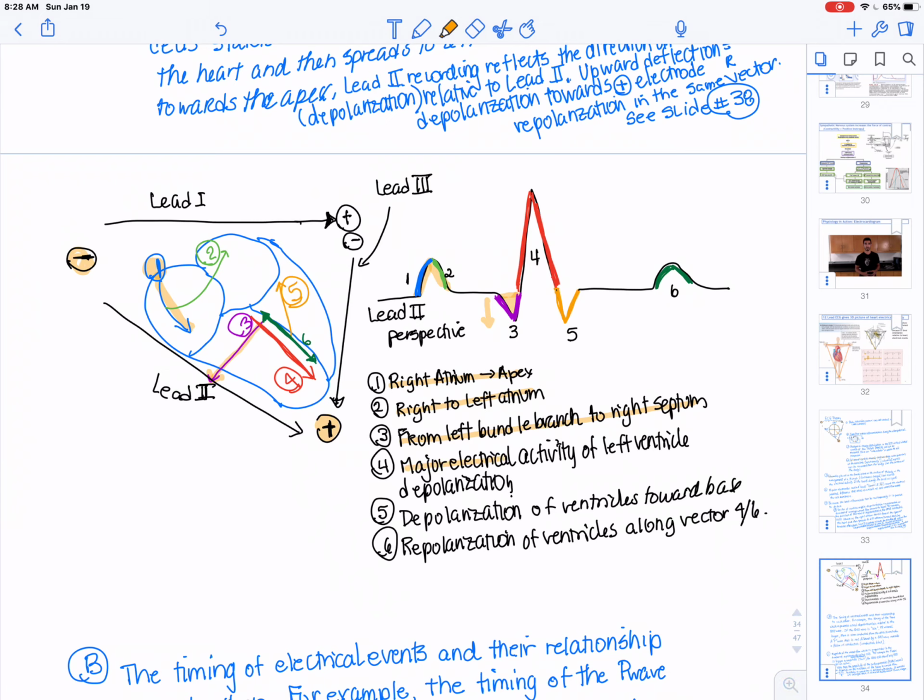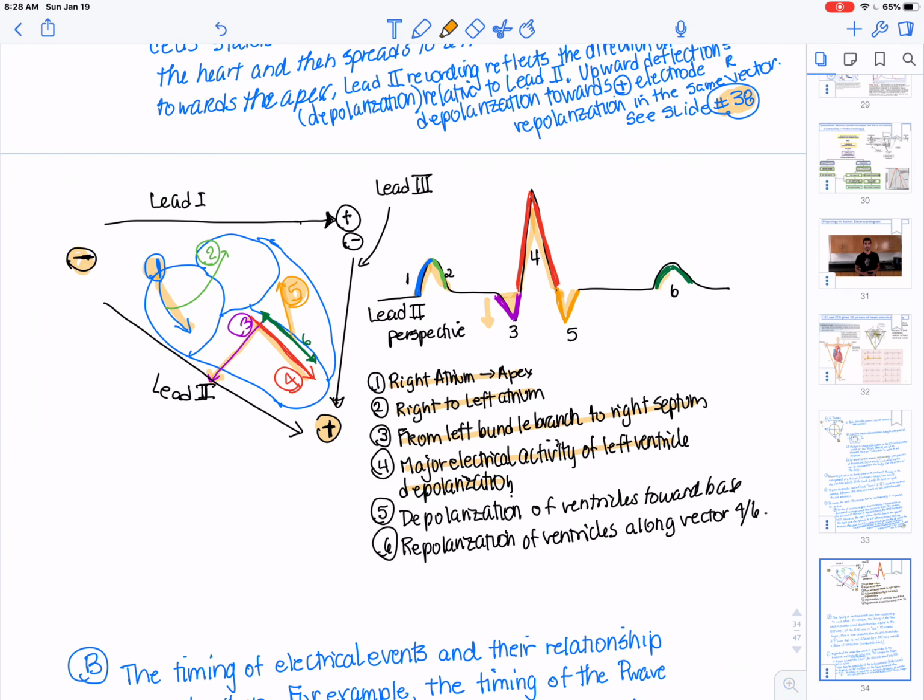And then the major electrical activity of the left ventricle, that current flow, 4. And then we'll look specifically at why it goes up and down in another slide. The theory is in slide 38. And then the S wave appears to go down, and that is due to this depolarization of the ventricle towards the base.